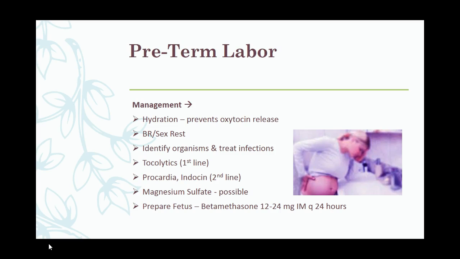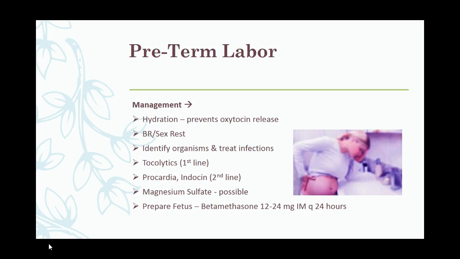Also, magnesium sulfate is another drug that we may use for preterm labor. This is in the most severe case whenever we cannot get tocolytics to work initially. If these people come back in with preterm labor and our terbutaline injections do not stop their contractions, our IV hydration does not stop their contractions, then the doctor may choose to put these people on magnesium sulfate.